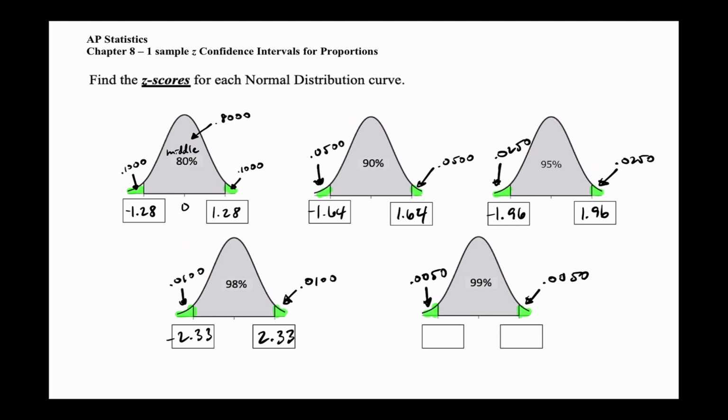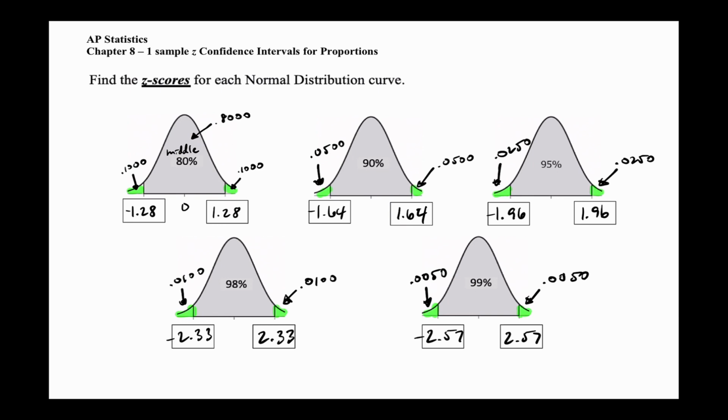It's going to be the closest one that'll fall between negative 2.57 and negative 2.58. So either one's okay, as long as you use the same one on each side.